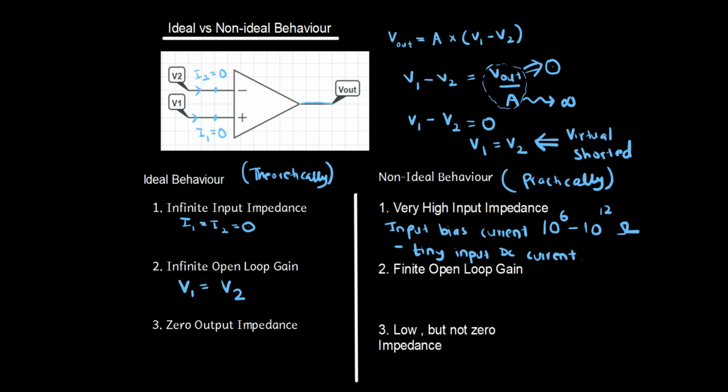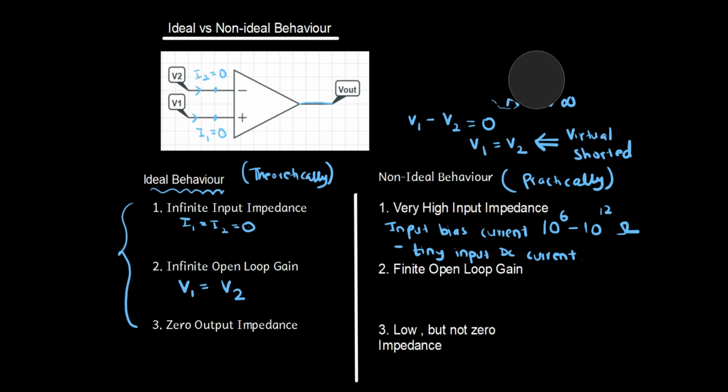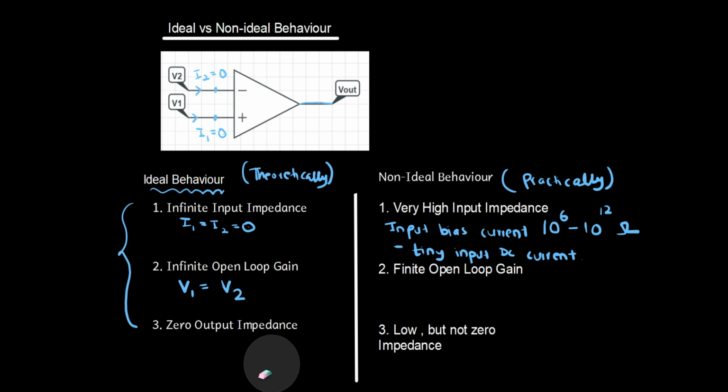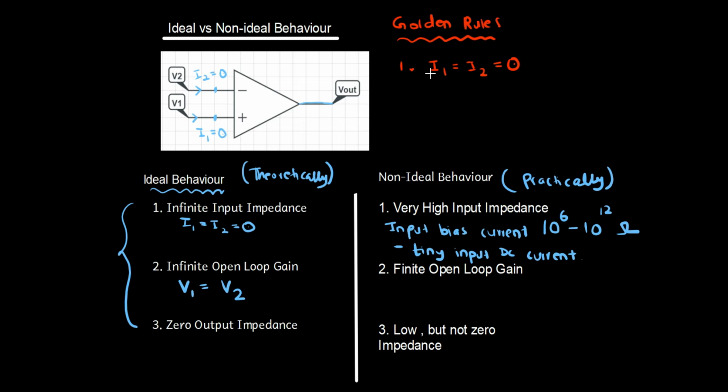Using the ideal behavior of an operational amplifier, using these points, we derive what are known as the golden rules of operational amplifiers, right? We derive our golden rules. Golden rule number one is the current I1 is equal to I2, which is equal to 0, right? This is as a result of infinite input impedance.